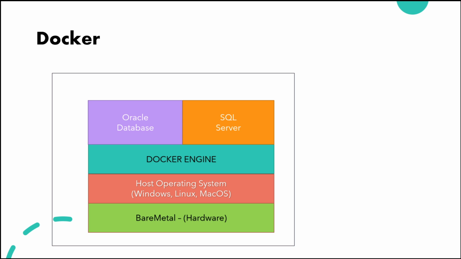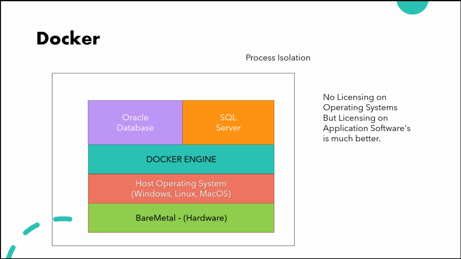You can directly install Oracle DB or SQL Server, whatever the requirement is. So the whole process of Docker is process isolation. No licensing on operating systems, but licensing on application software is much better from the organization's perspective.